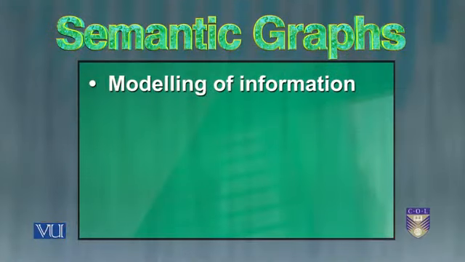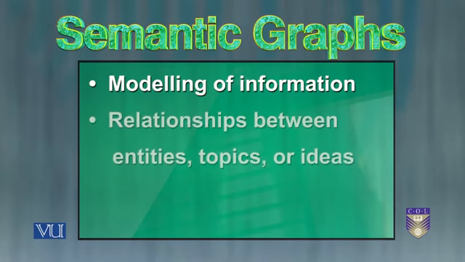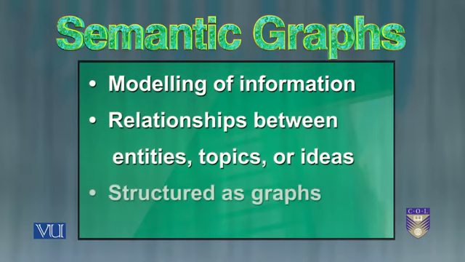Something is a tree or something is a bird, and so forth. So these semantic graphs basically are used to represent semantic related information between various objects. So an important technology within the realm of AI. They describe, as I said, relationship between entities or topics and ideas, and they are structured like graphs.